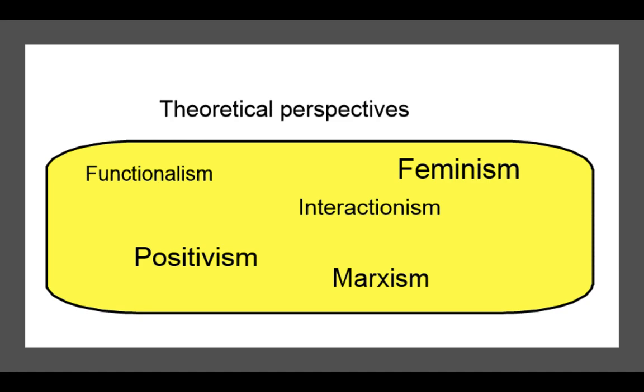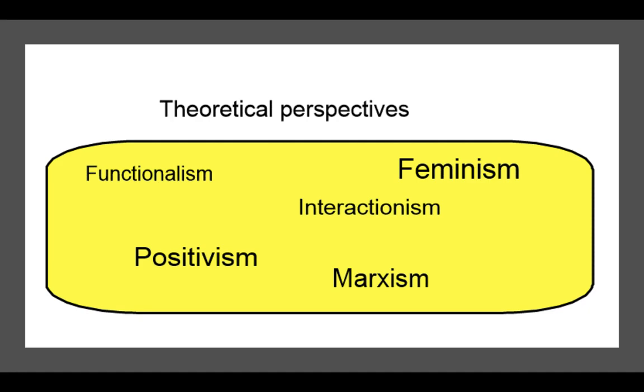Okay, now a final PEEL paragraph on this that you'll see in the textbook is theoretical perspectives. And in many ways, this one is just really straightforward. It should be fairly obvious to us that values come in to almost everything sociologists do. And the most obvious first place for this is what perspective you are from.